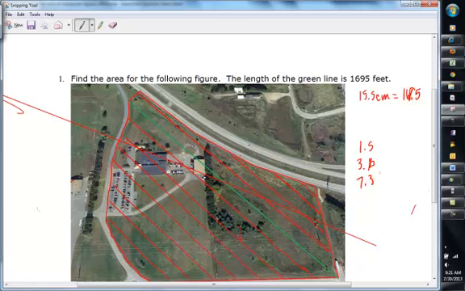Fourth line is 14.2. We already know the next one is 15.5. The next one is 13.7. And then 12. And then 11.